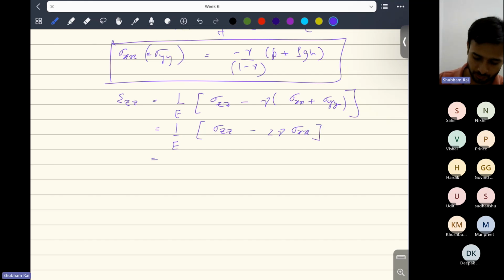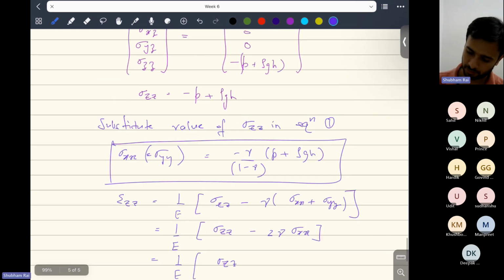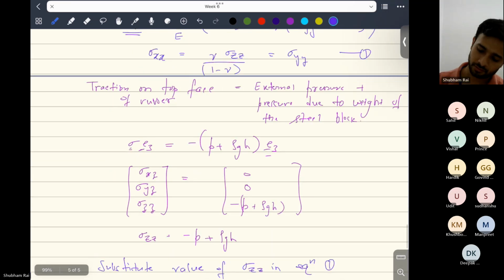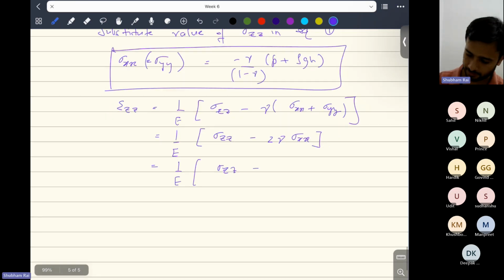If you put the values now, it will be 1 over E, sigma zz. So here I'm putting equation number 1. So it will be 1 over E sigma zz, and sigma xx will be expressed in terms of sigma zz again from here. So you will get minus 2 mu squared sigma zz over 1 minus mu.